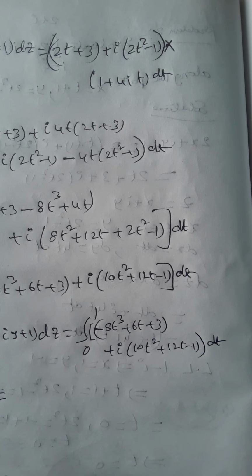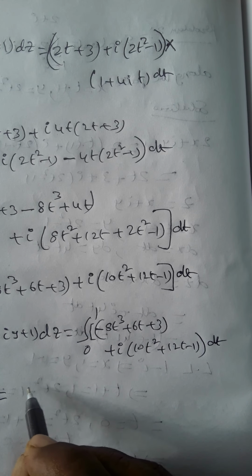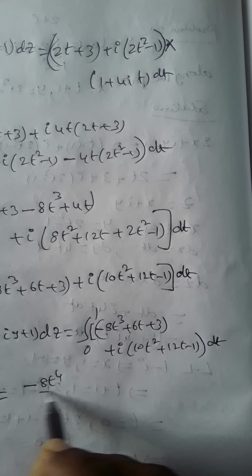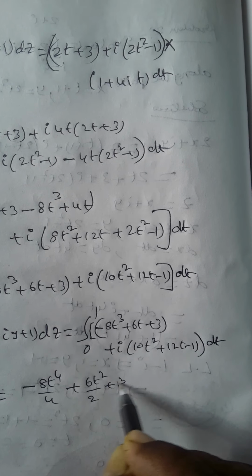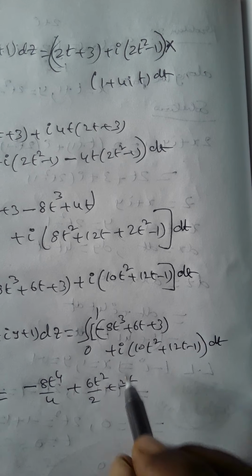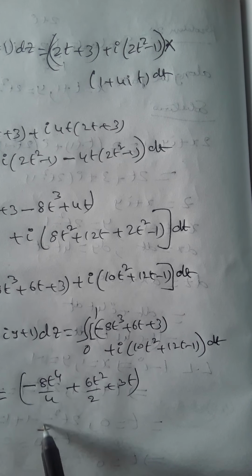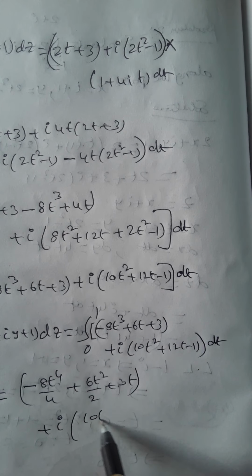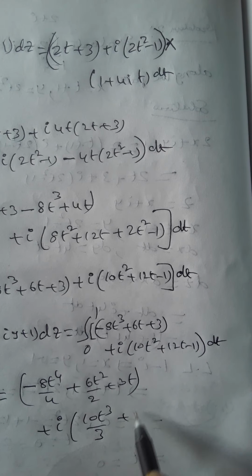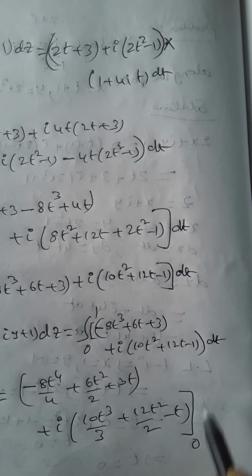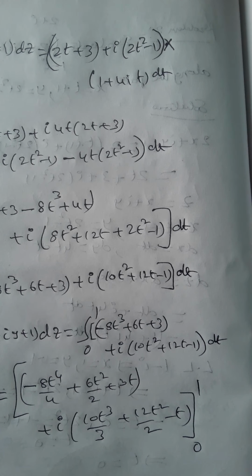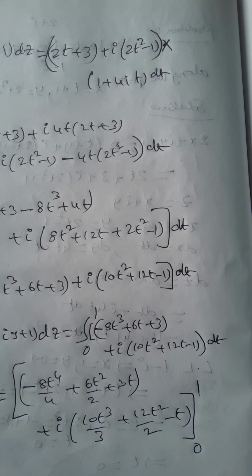This is equal to minus 8t⁴ by 4 plus 6t² by 2 plus 3t, plus i into (10t³ by 3 plus 12t² by 2 minus t), from 0 to 1. Integration is over.